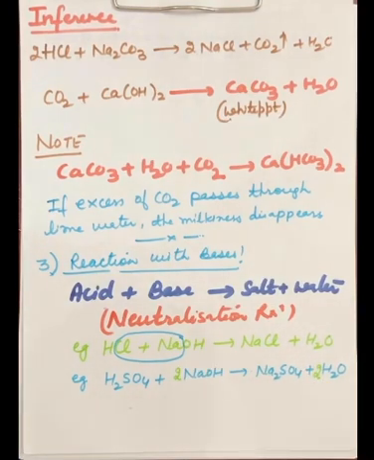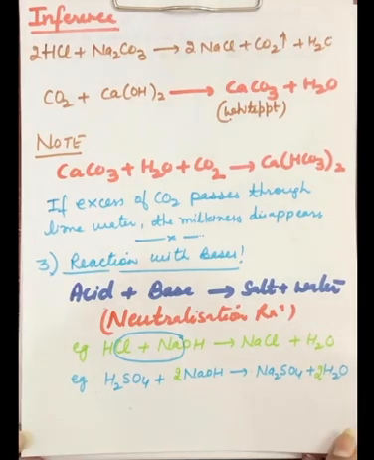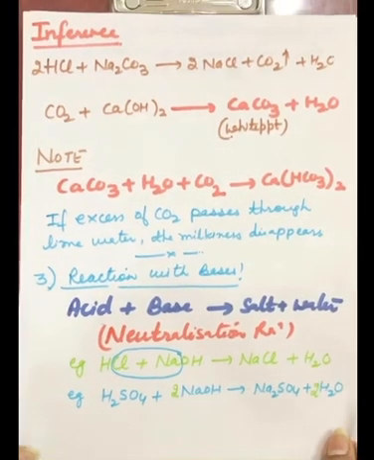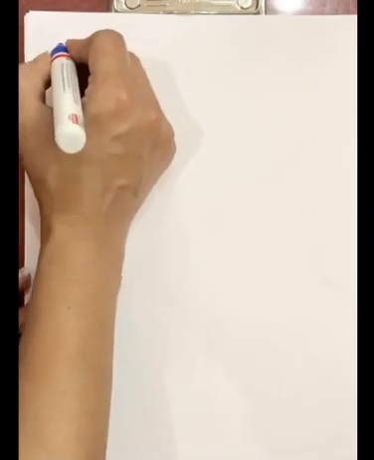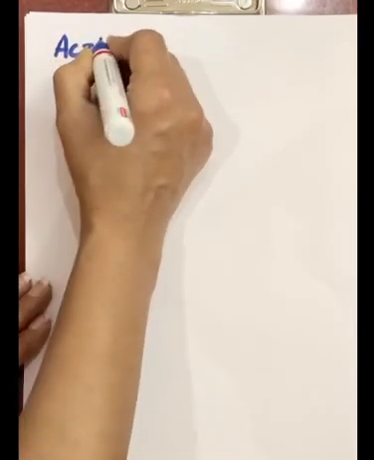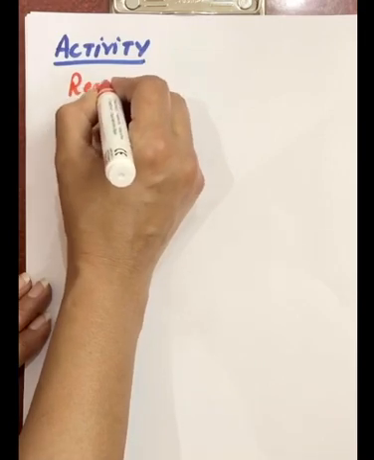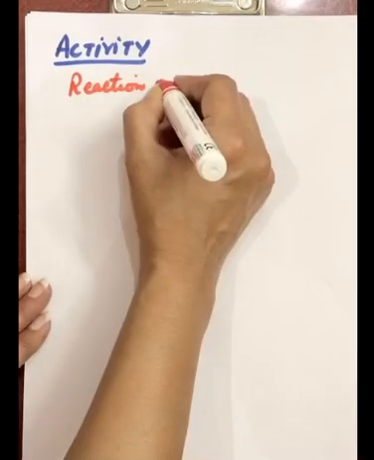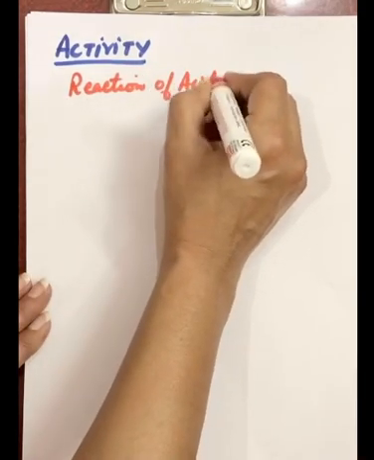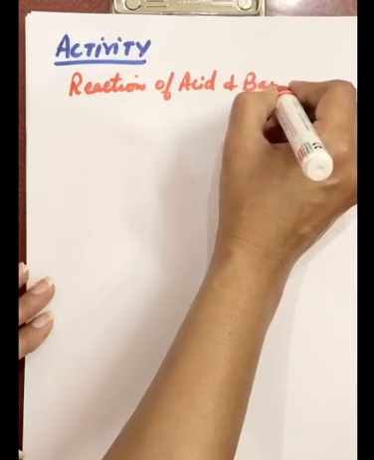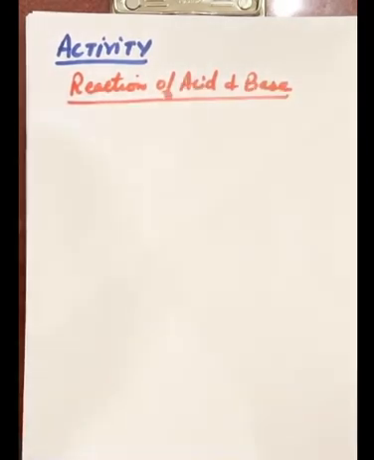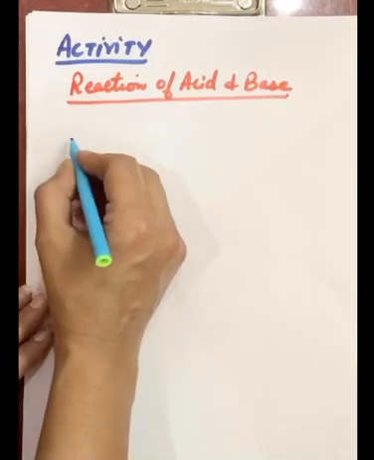Now, to investigate how neutralization takes place when the acid and base react with each other, one activity we are taking is for the reaction of acid and base. See, first of all, we are taking a test tube.